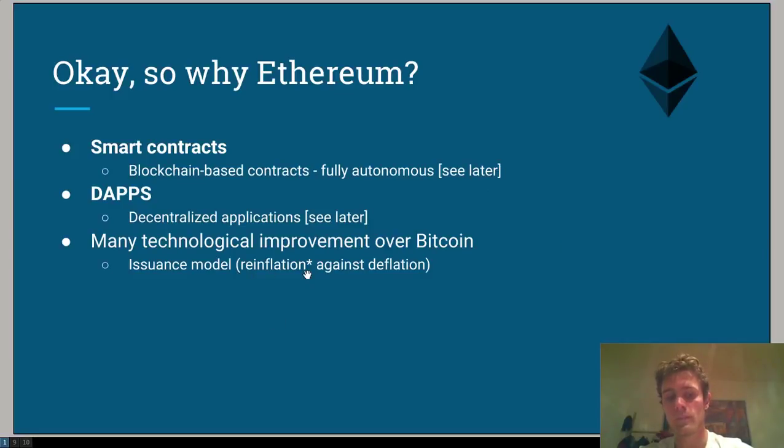So every year about 18 million Ether, so Ether are the coin of Ethereum, of the platform. They are the currency, just like dollars, euro, or Bitcoins. So every year about 18 million Ether are being issued or being mined by miners on the network.